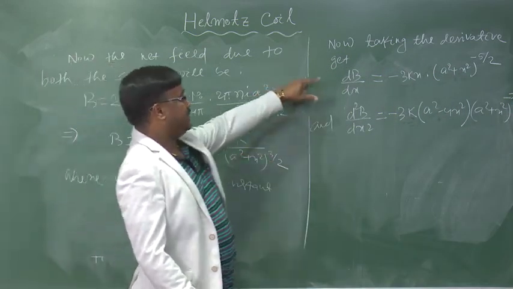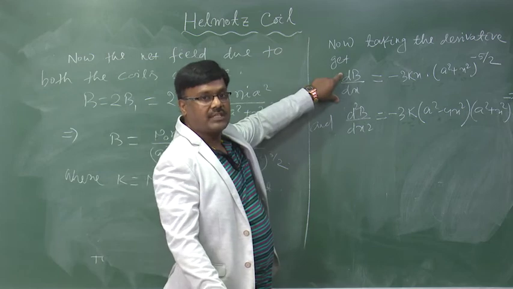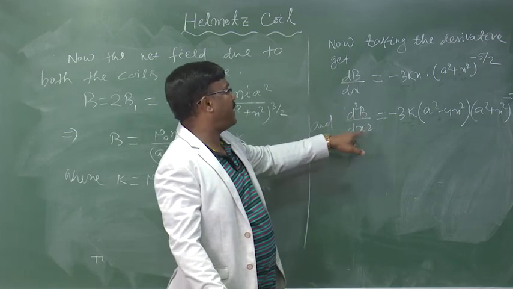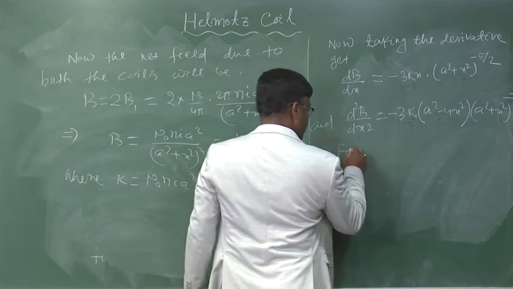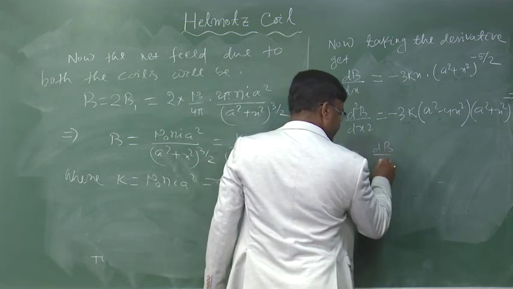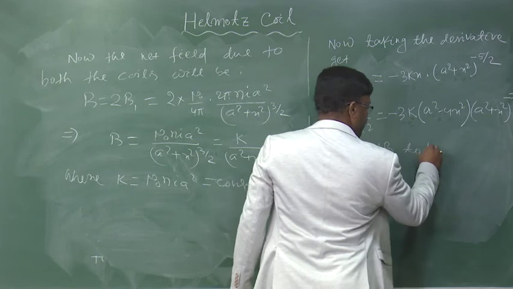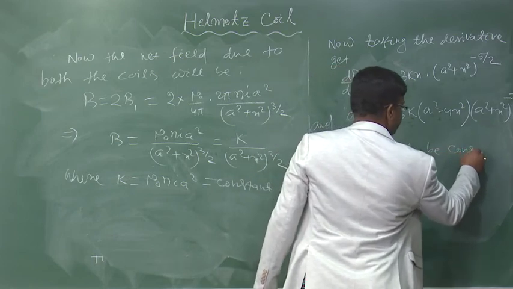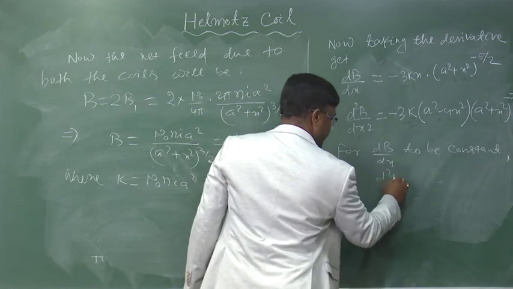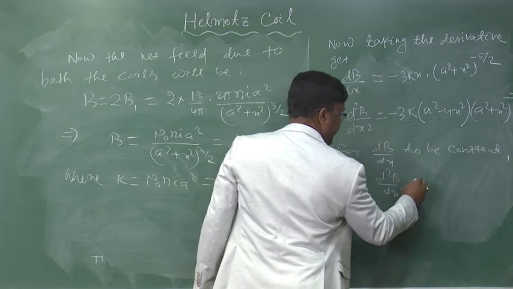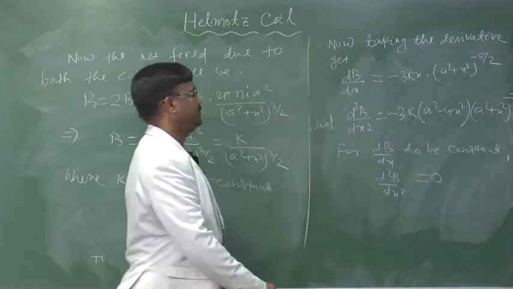If dB by dx is constant, then d square B by dx square will vanish. For dB by dx to be constant, d square B by dx square will be equal to 0.